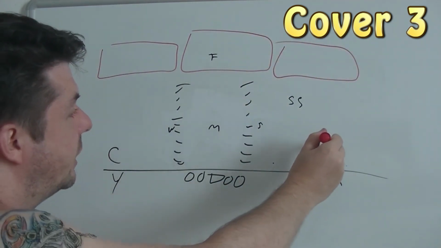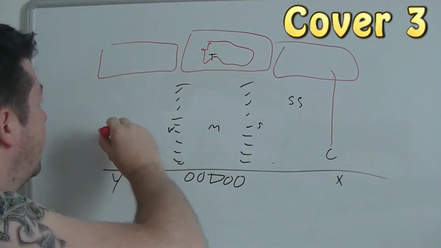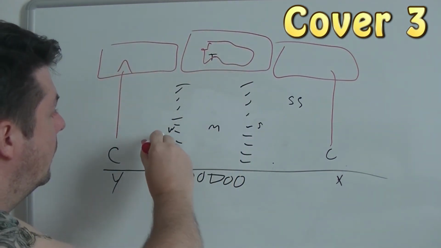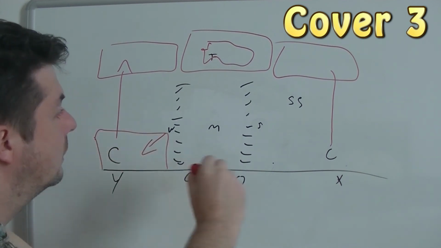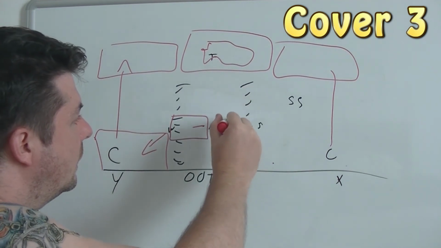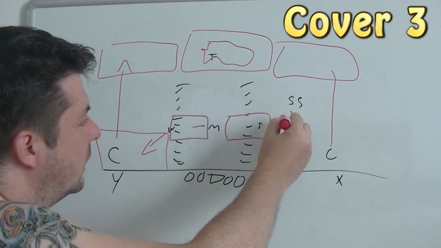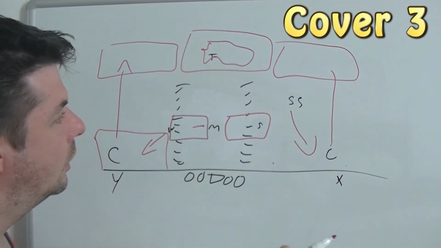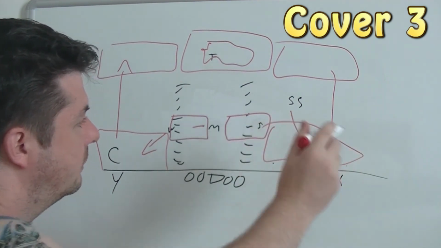By and large, it would be the corner, the field safety, and the corner. The Will would come down to the flats, this little box. The Sam would cover this little box, and the strong safety probably wouldn't be that far back, but he would come down and cover the flats.